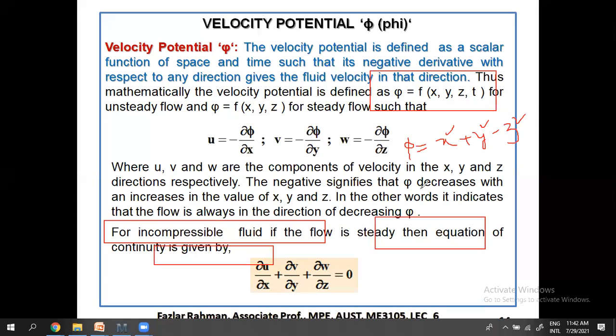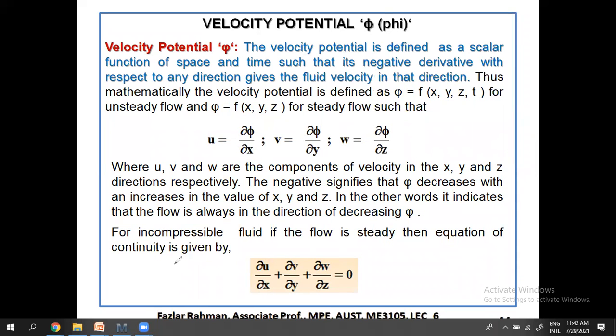What will be the u? u equal to minus del phi by del x. You differentiate both sides, then say this equals minus u. But obviously there will be one constant. Then you can figure out the v if you differentiate with respect to y. Okay, so these are the properties of the potential function phi.